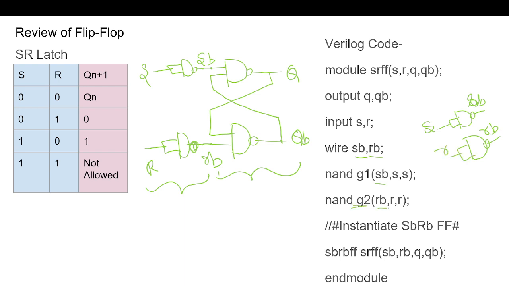Then I have to instantiate this same SB RB latch module. So I am instantiating the SB RB latch. The inputs are SB RB and the outputs are Q and QB.